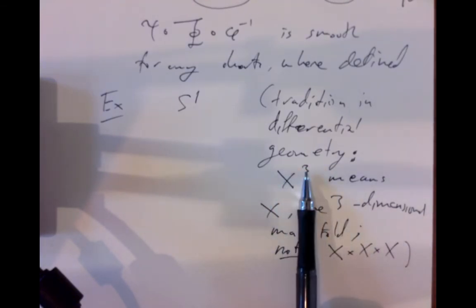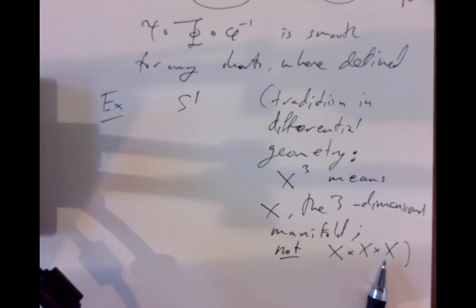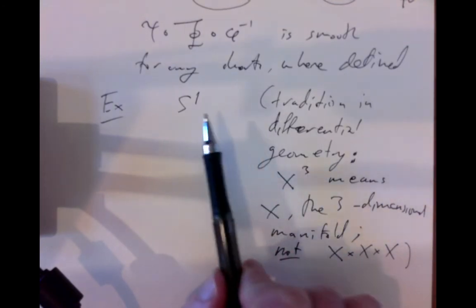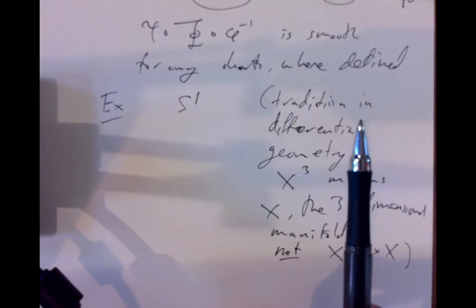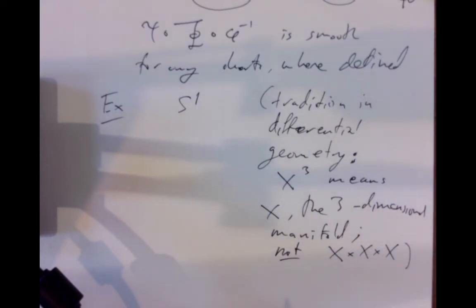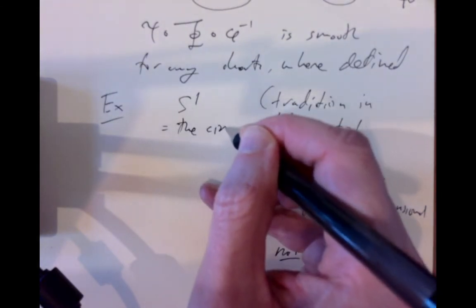So if I put a superscript next to a big letter, that big letter representing some manifold or some set or something like that, sometimes I mean x cross x cross x, but sometimes I don't, and I just mean x, the three-dimensional manifold. So when I write S1, you would think, what do I need one copy of S for? What it means is S is a one-dimensional manifold. And it's traditional to write the circle as S1.